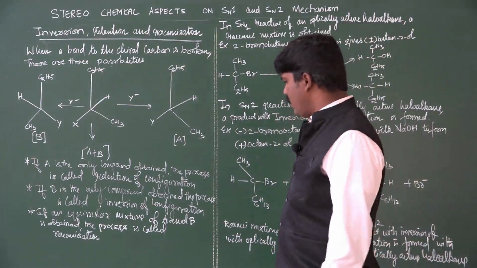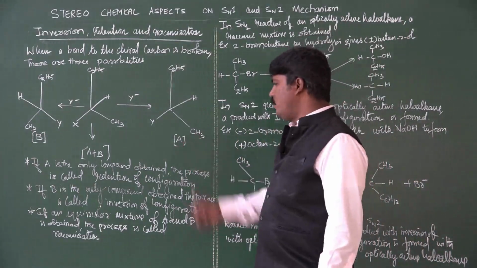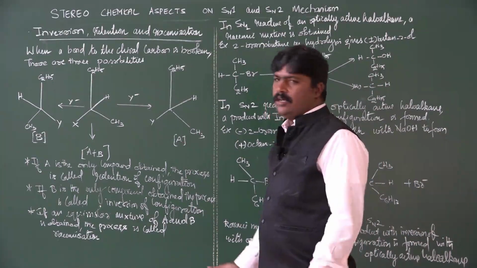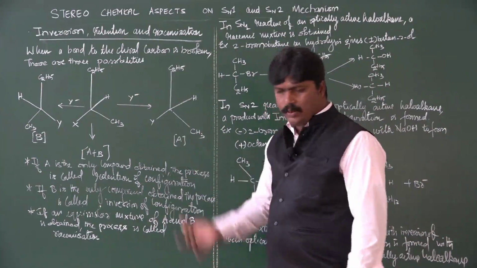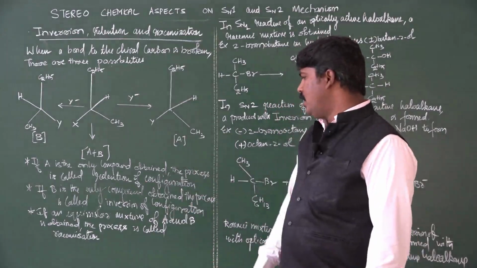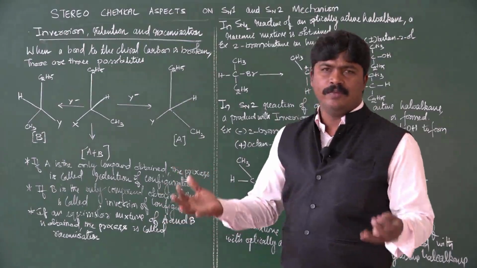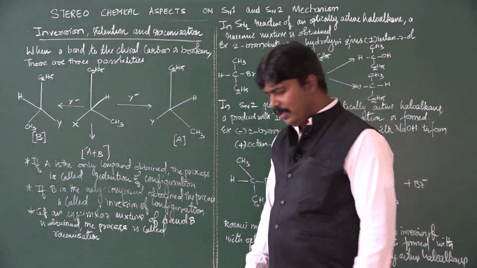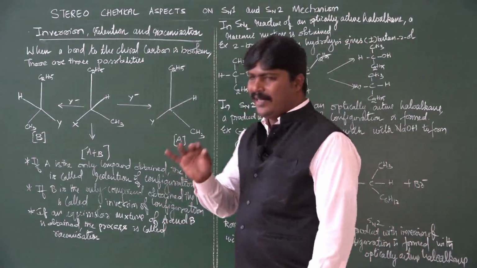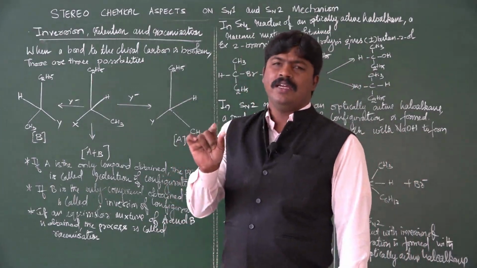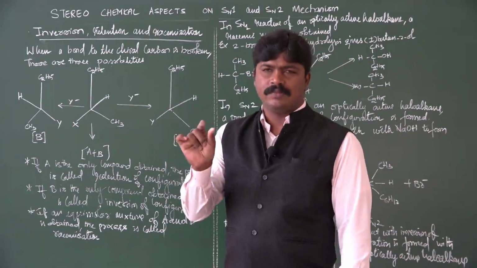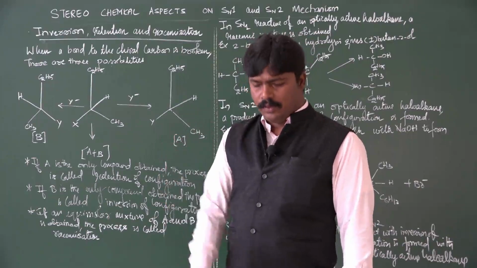I remind once again, if A is the only product obtained, then it undergoes retention. If B is the only product obtained, then it undergoes inversion. If A and B are equimolar, it undergoes racemization. Racemic mixtures are optically inactive because they have both dextro and levo equally.